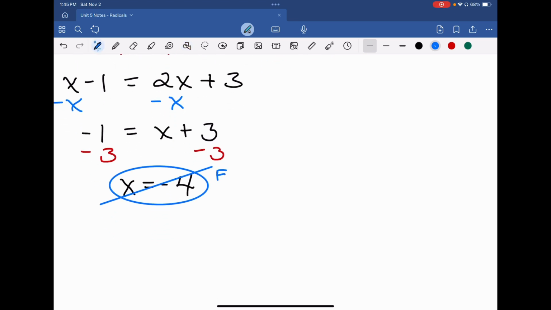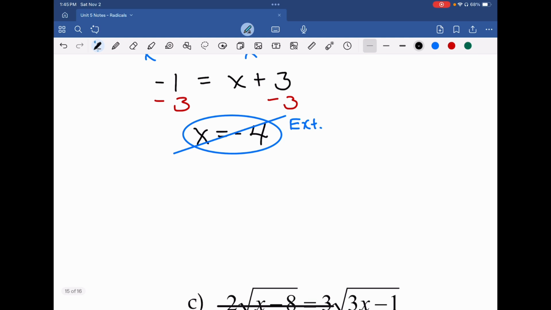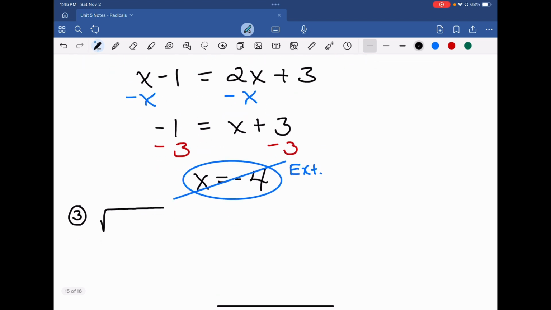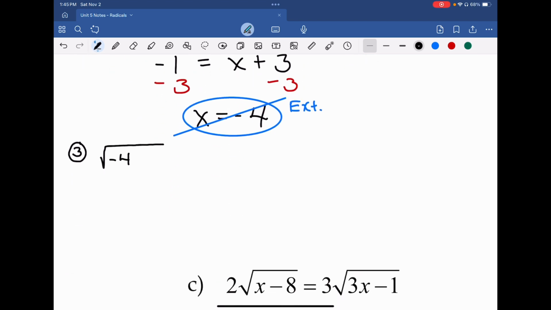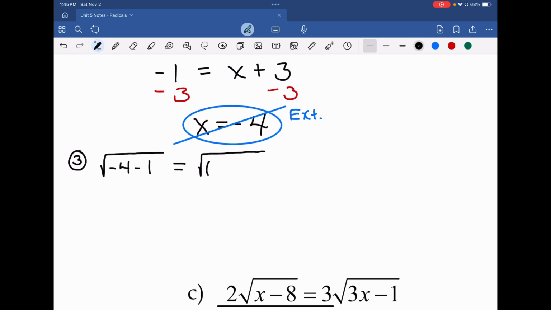Now, on top of this, just to make sure that this is actually true, we would always want to plug it into the two radicals and verify. So for step number 3, I'm just going to plug it in. Our first square root was x minus 1, which was negative 4 minus 1, which is equal to the square root of, on my other radical, 2x plus 3, aka 2 times negative 4, and then plus 3.